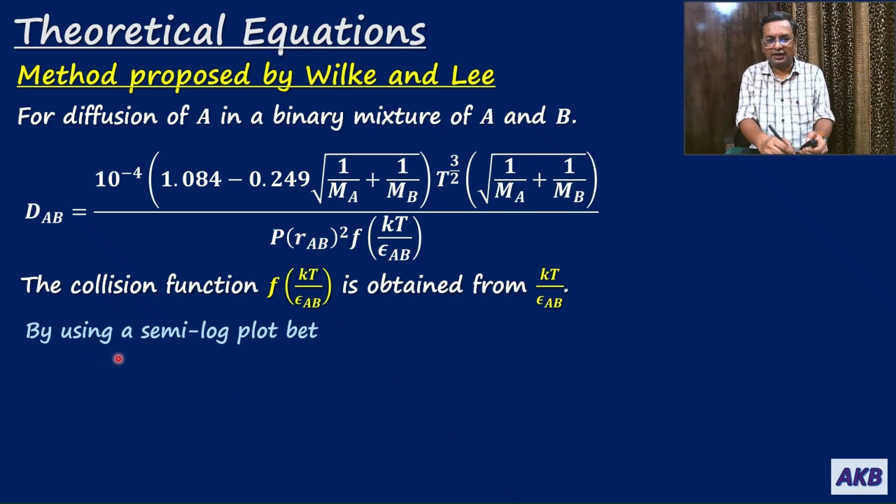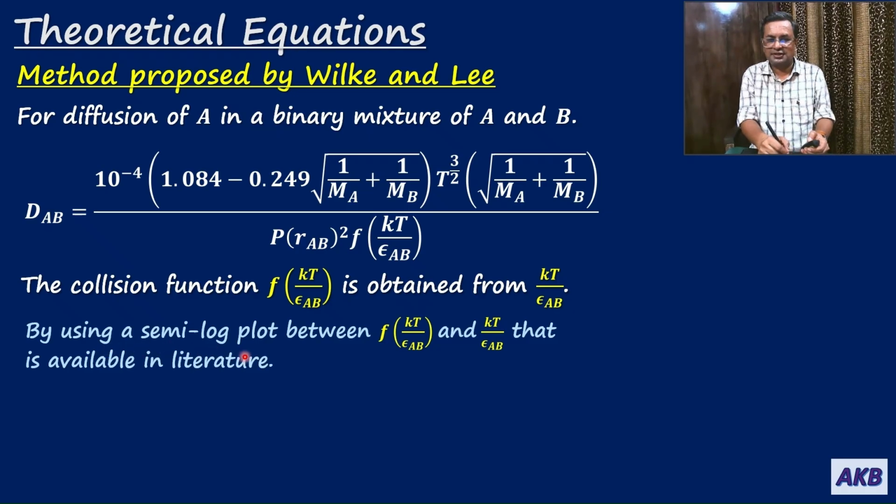For that we need to use a semi-log plot which is available in the literature. Using this graph, once you know the value of kT by epsilon AB, you can get the corresponding value of the collision function f of kT by epsilon AB.